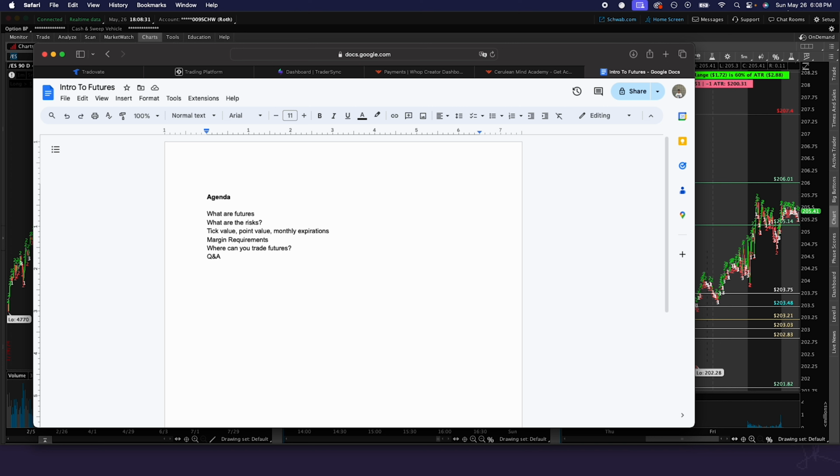Meaning that you can lose more than you put in the account. For example, let's say you have $500 in your account, and assuming the broker or the platform that you're on doesn't auto liquidate, you can go into negative, and then you'll have to pay that back and bring your account back to zero before they'll let you trade again.